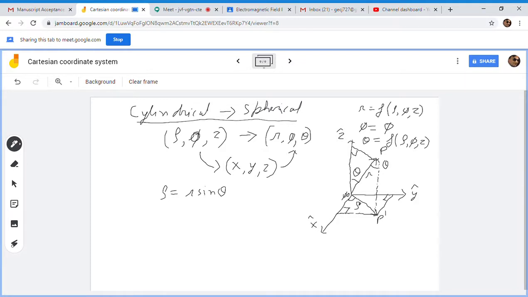So we are able to determine r in terms of rho upon sin theta, but we need this theta as well in terms of rho, phi and z, to reach an ultimate expression of r.